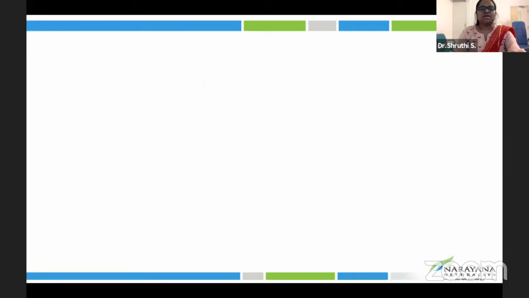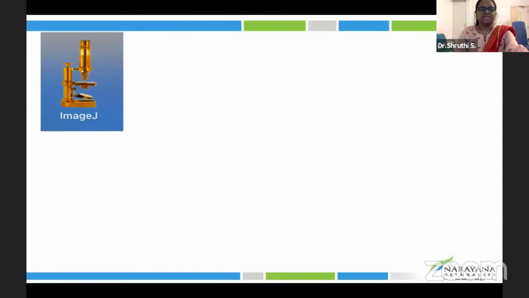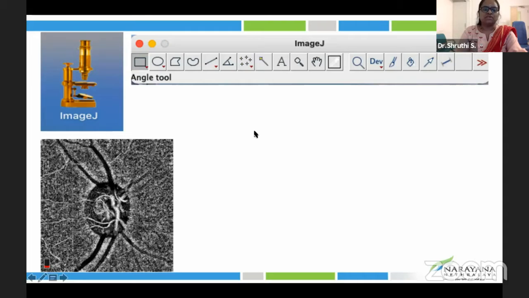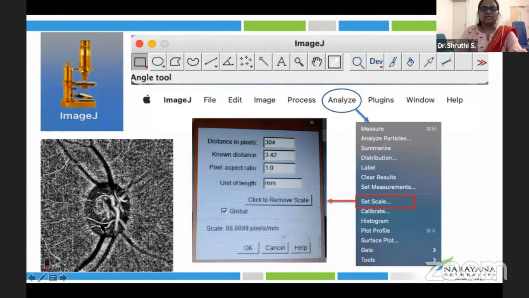So how can we quantify these dropout areas? We use this ImageJ software, which is an image processing software freely available on Google. As soon as you install the software, you can see this toolbar. So we should import the choroidal slab which has to be marked for the dropout area. Then set the scale.